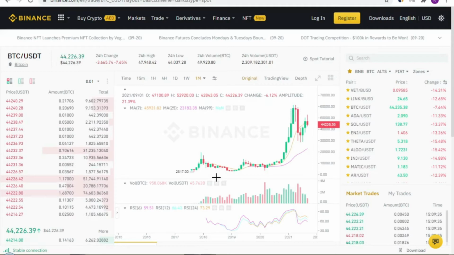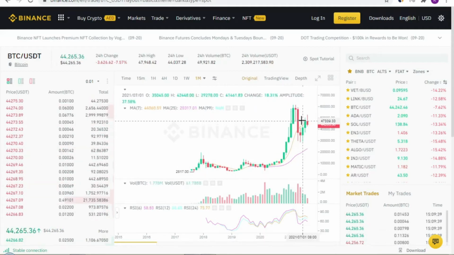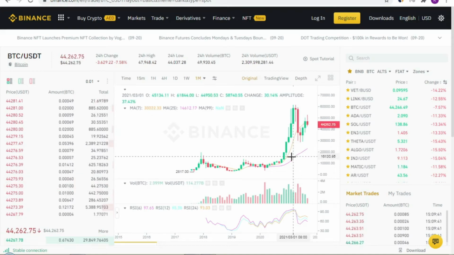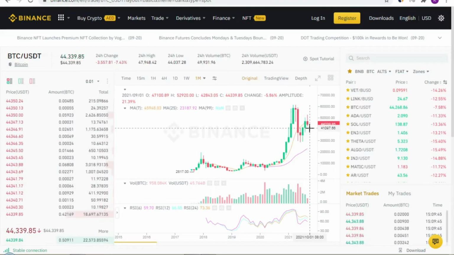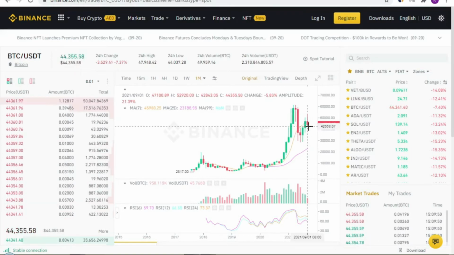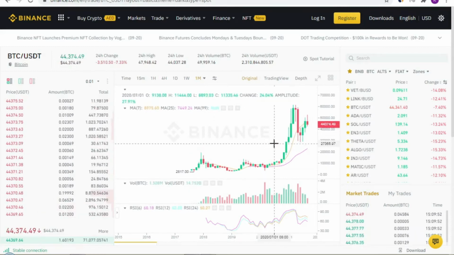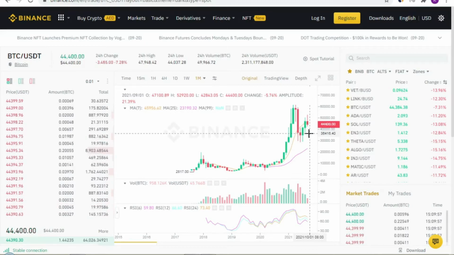What does this mean? All of these candles that you see are candles that represent every month. So one candle here represents price action in 1 month. One candle here, as you see them, represents price action in 1 month.